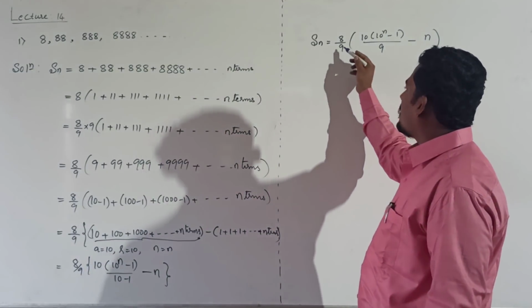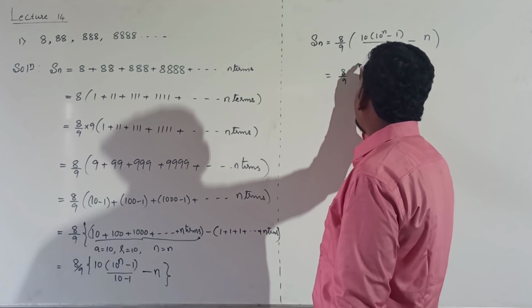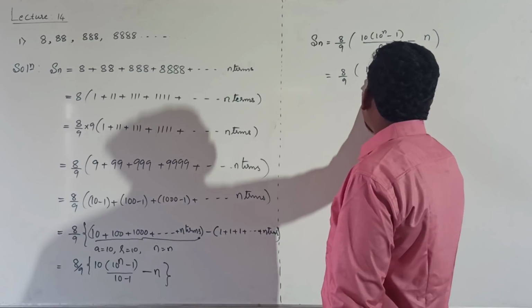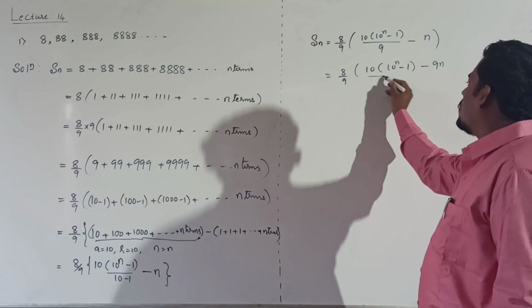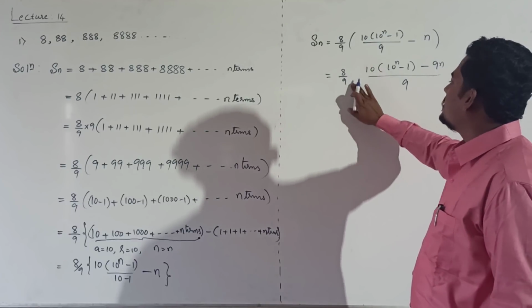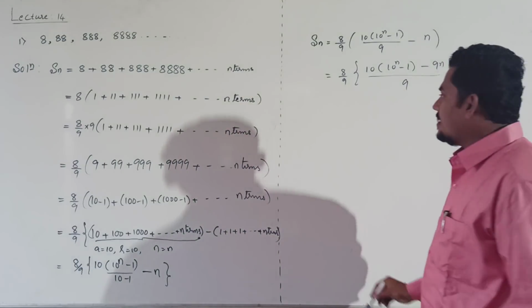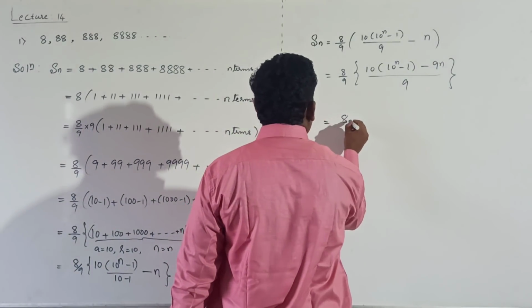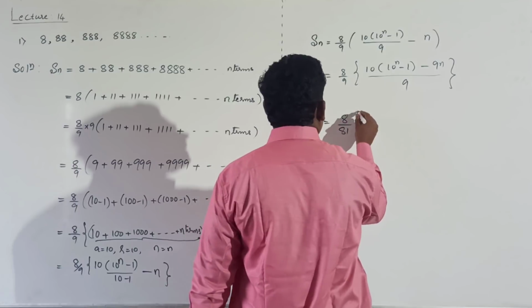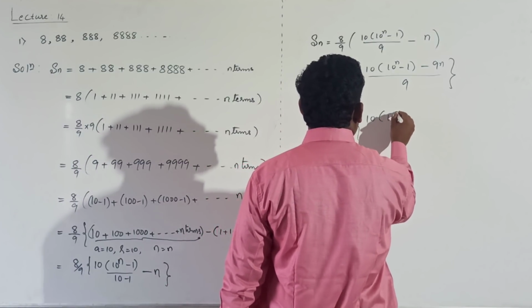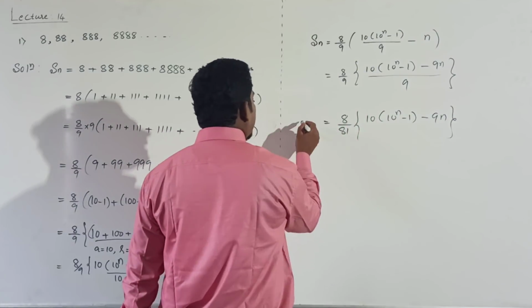Or else you can write one more step: 8 divided by 9 in bracket, 10 into 10 power n minus 1 minus 9n whole thing divided by 9. Just taking LCM, LCM is 9. Then it will be 8 divided by 81 in bracket 10 into 10 power n minus 1 minus 9n. This is our required sum.